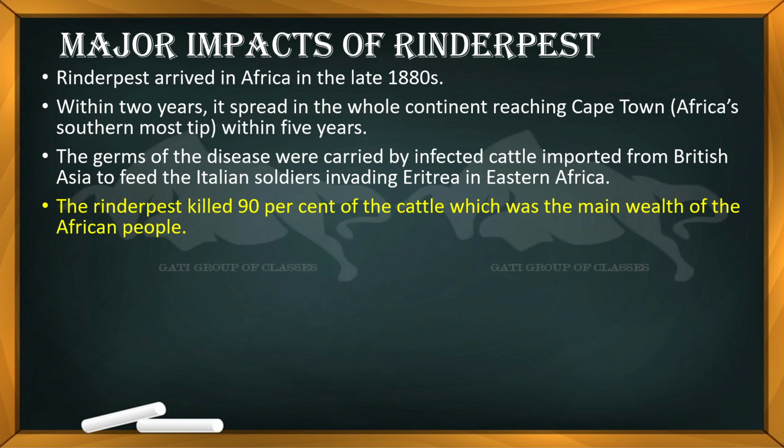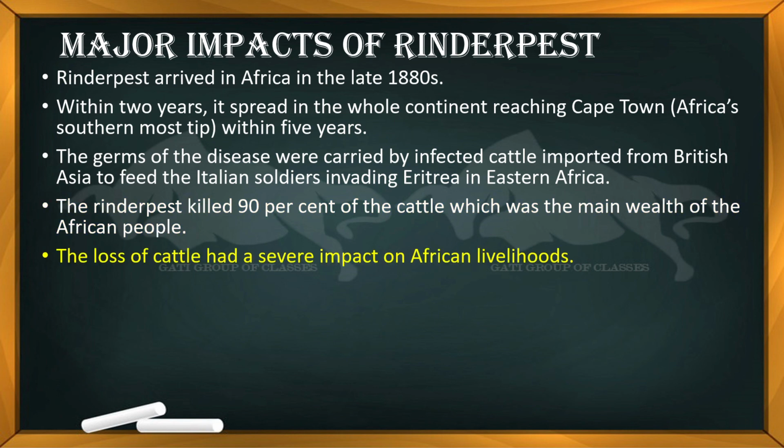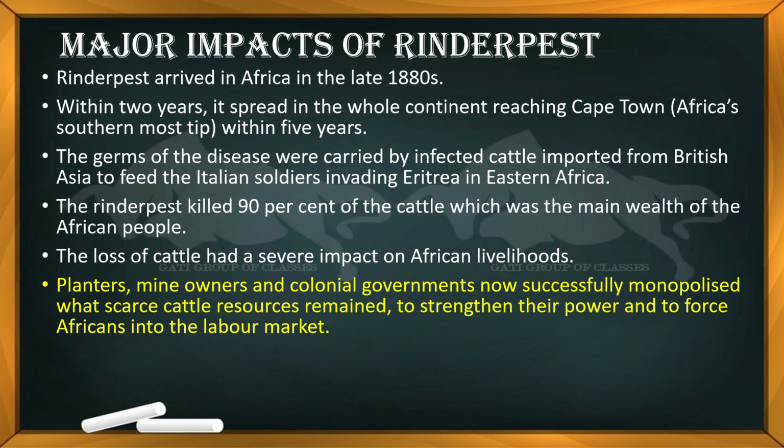Obviously they lost their livelihood, so they had to work in the mines and as laborers. The loss of the cattle had a severe impact on their life. Planters, mine owners, and the colonial government now successfully monopolized. How?